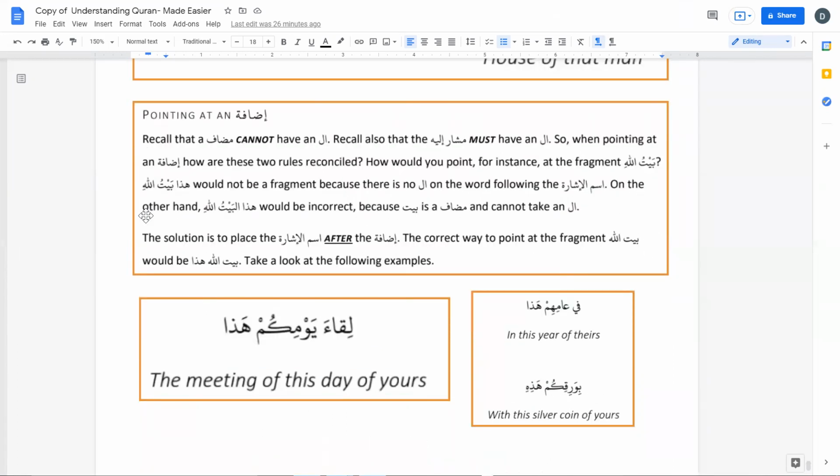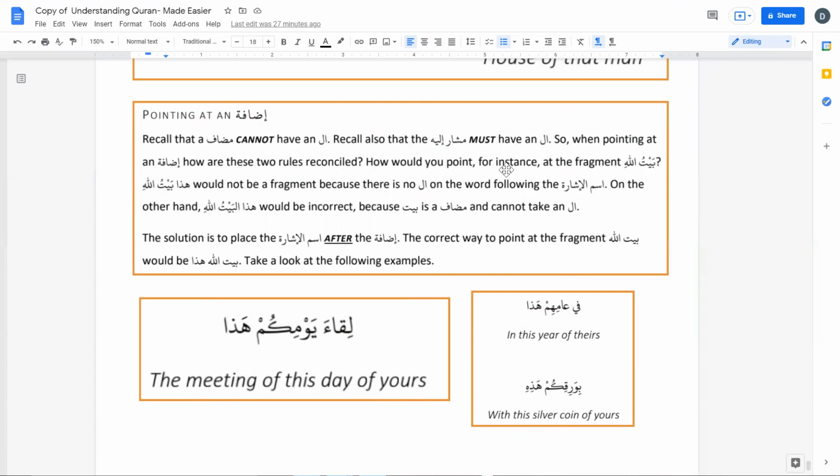Let's see. Pointing at an idafa, recall that a mudaf cannot have an al. Recall also that the mushar ilayh must have an al. So when pointing at an idafa, how are these rules reconciled?